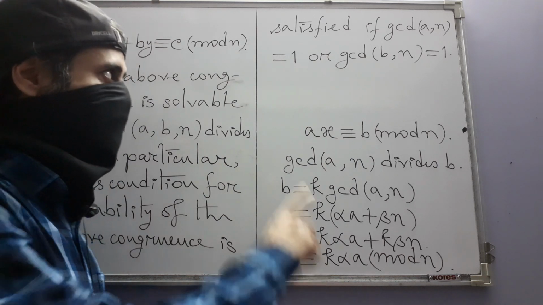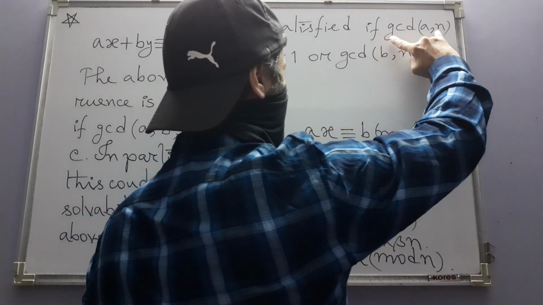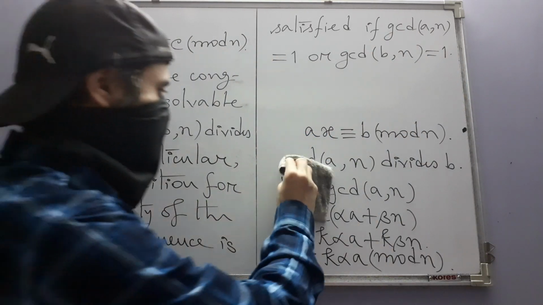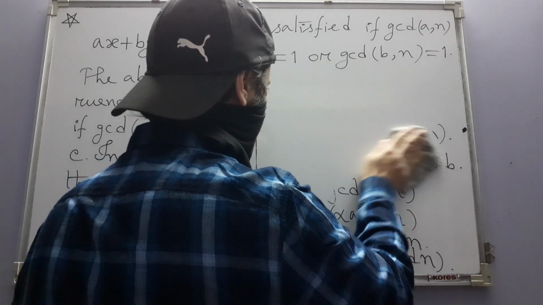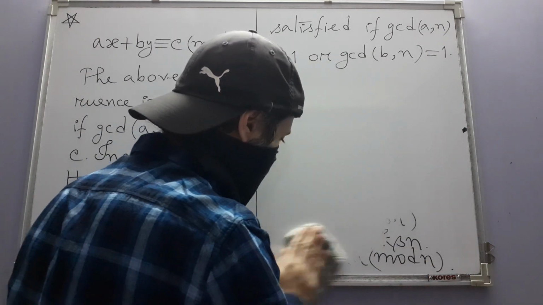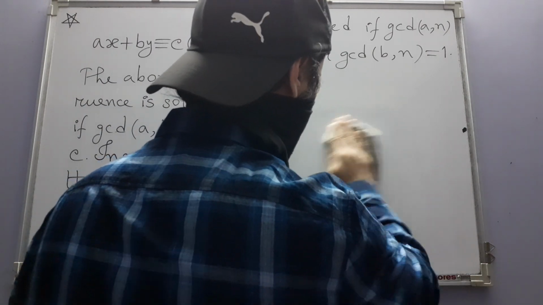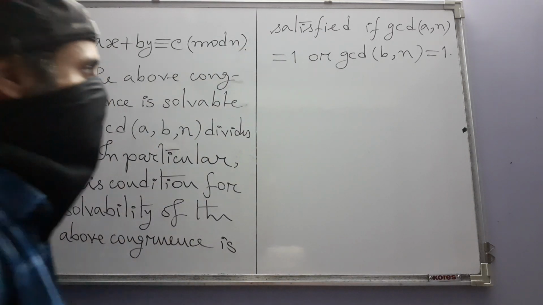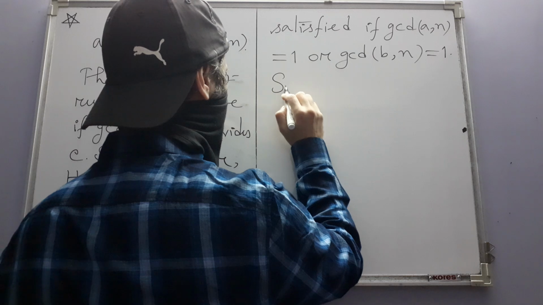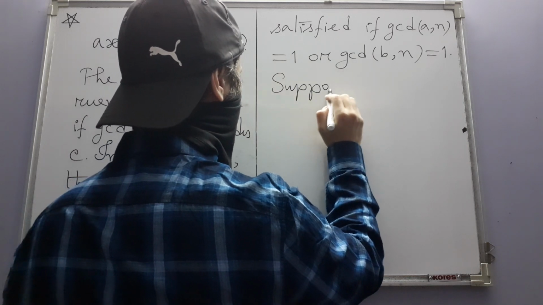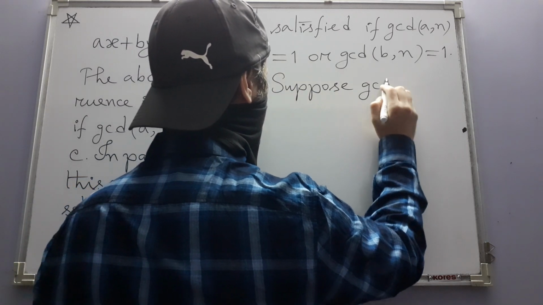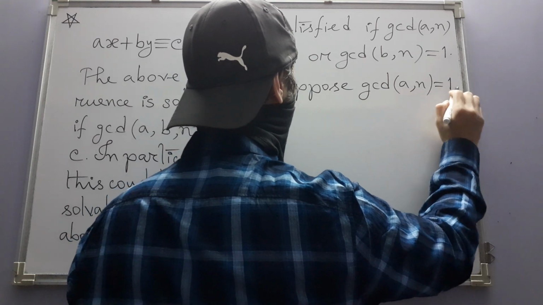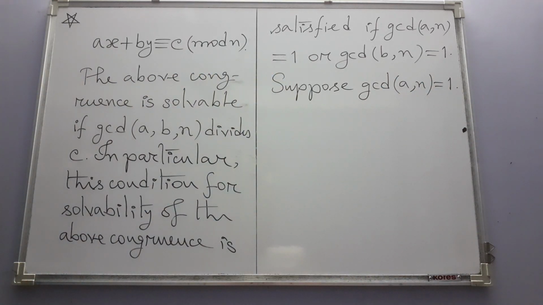And say this one is true, say A and N are relatively prime. Then what can we say? Actually, then how can we solve that above congruence? Suppose that A and N are relatively prime.